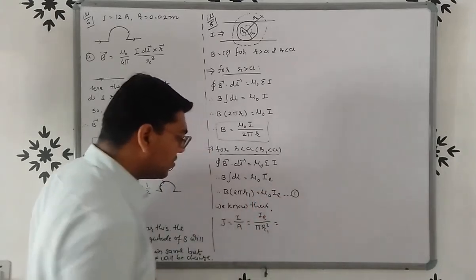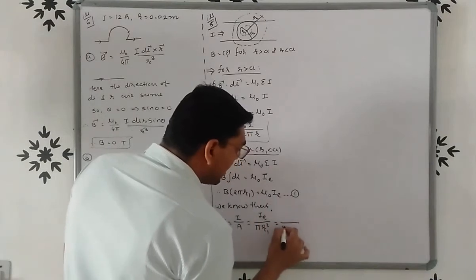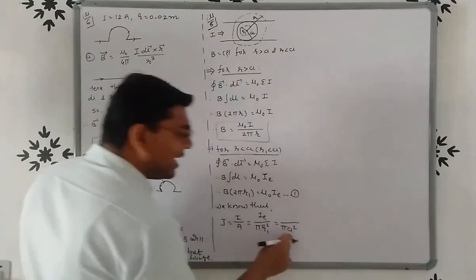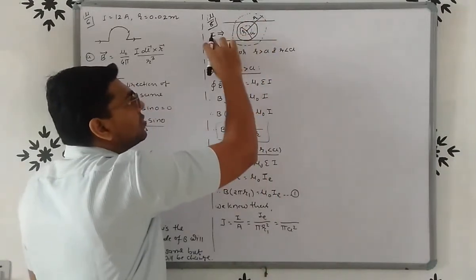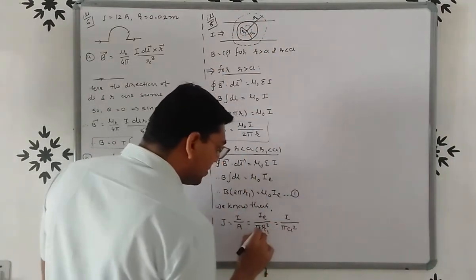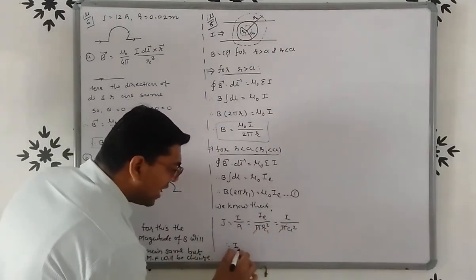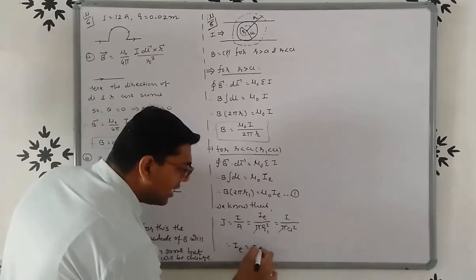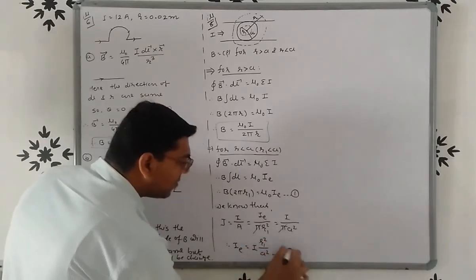For the cross section of radius A, the area will be pi A square and the current passing through it is the total current I. So here pi cancels. We have to find out IE. So IE is equal to I into R1 square upon A square. That is equation number 2.